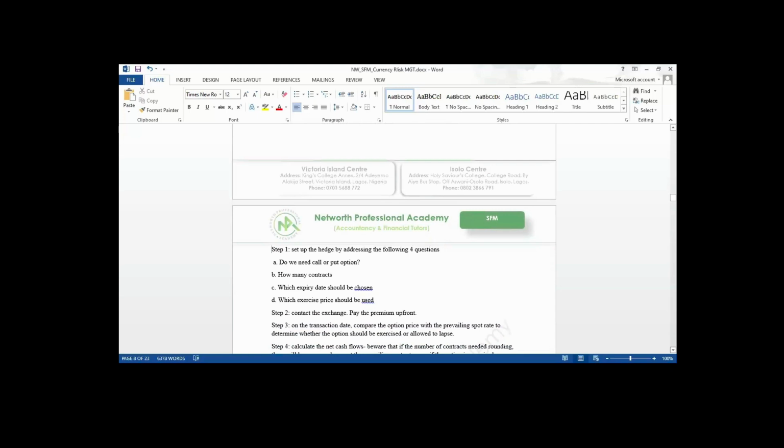On the actual transaction date, compare the exercise price, that is the option price, with the prevailing spot exchange rate, to determine whether the option should be exercised or not. I will compare the exercise exchange rate with the prevailing spot rate to determine whether I'm going to exercise my right or not.